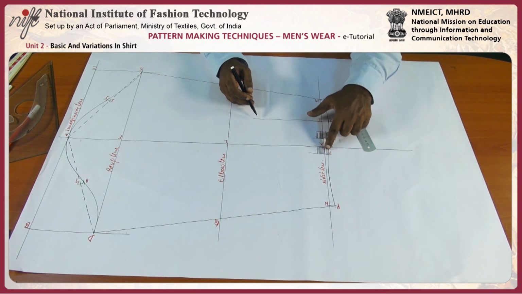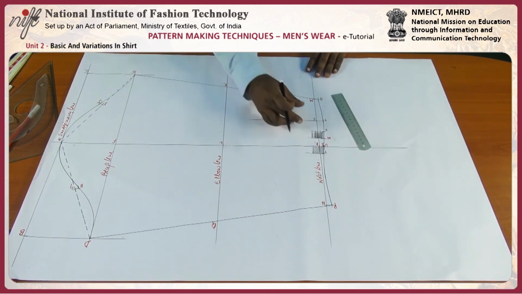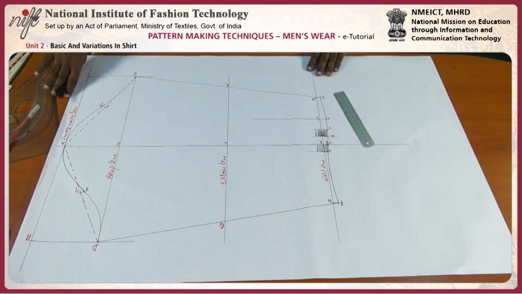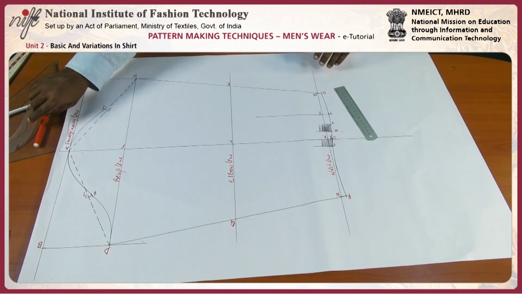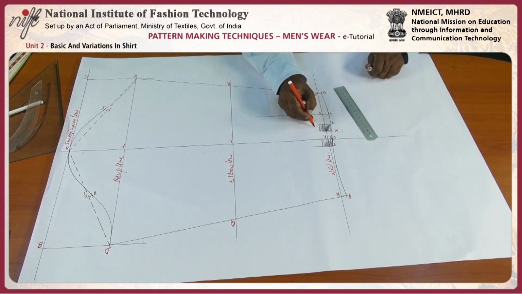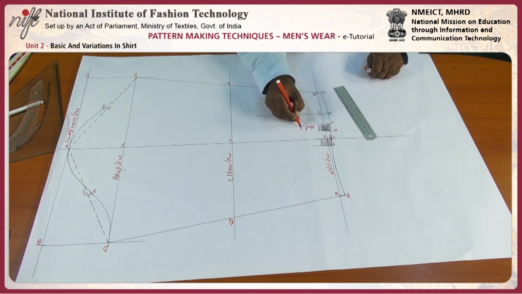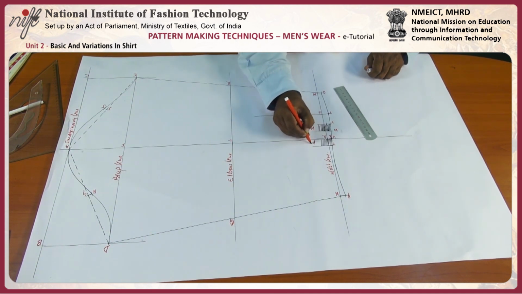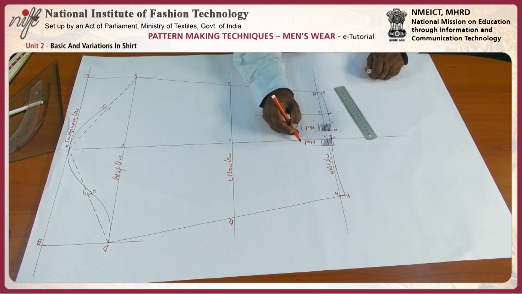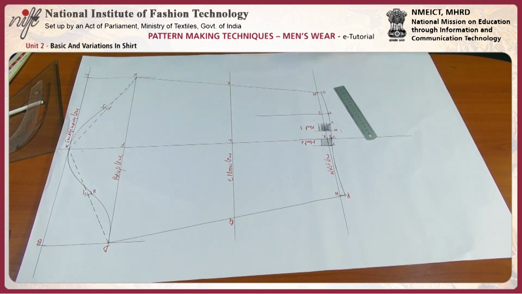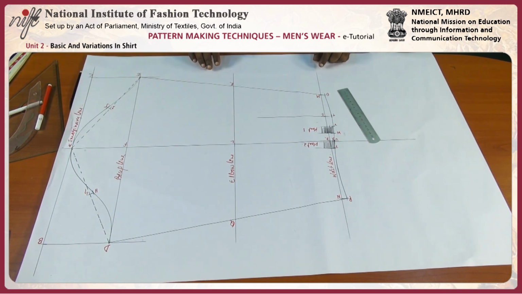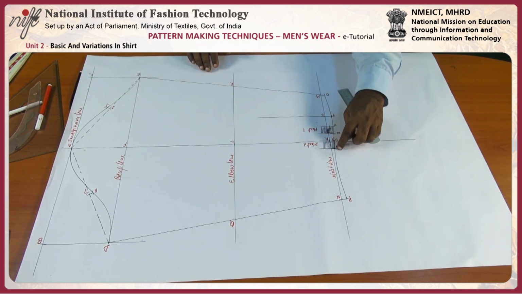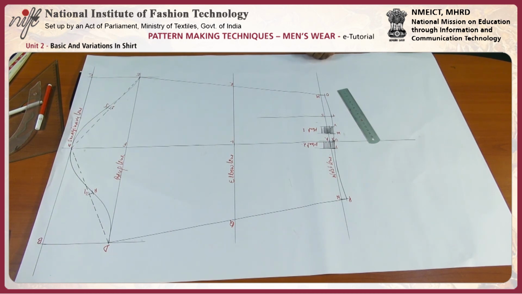The shaded area indicates pleat 1 and pleat 2. This can also be notched later on to show the positioning.